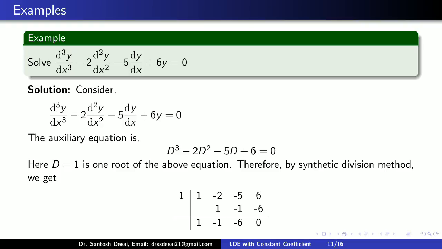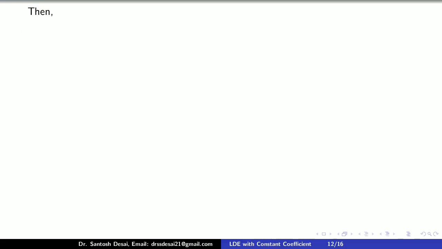Those numbers are 1, minus 1 and minus 6, and these are the coefficients of d square, d and the constant term. So the first number is the coefficient of d square, the second number is the coefficient of d, and the third number is your constant term.